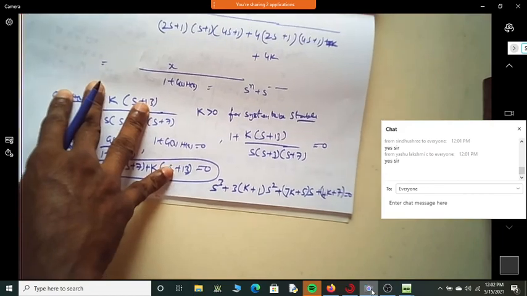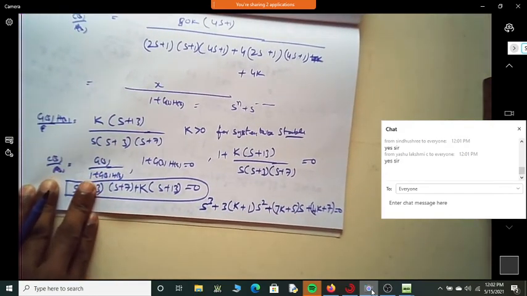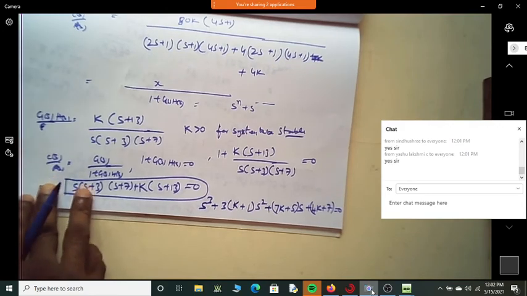This is the equation that I have: s cube plus 3(k plus 1) s square plus (7k plus 5) s plus (4k plus 7) equal to 0.